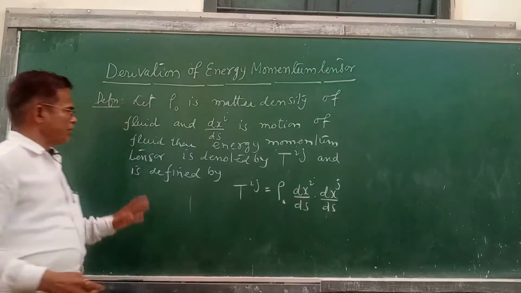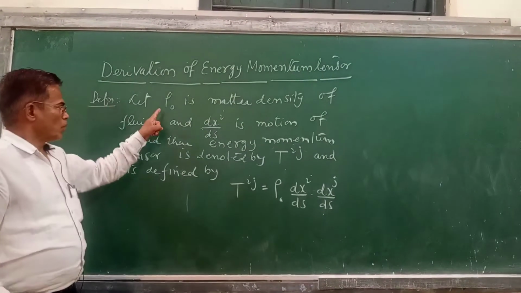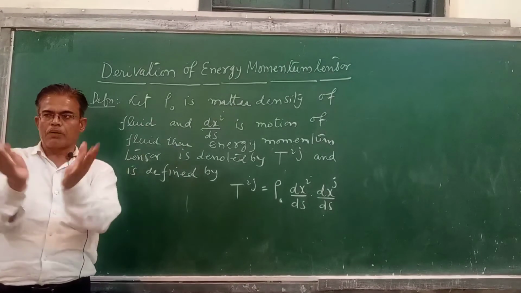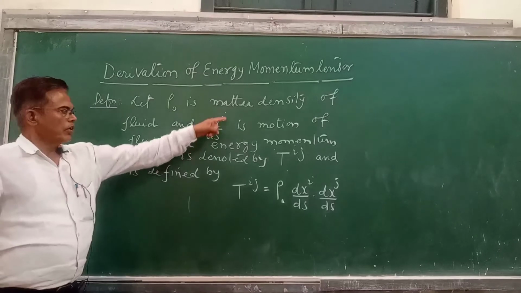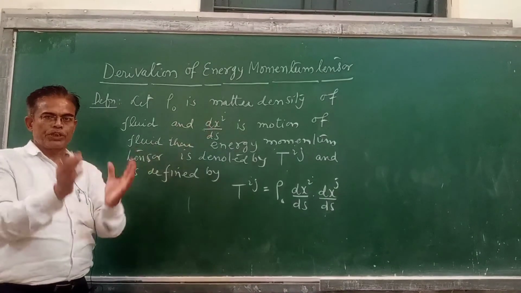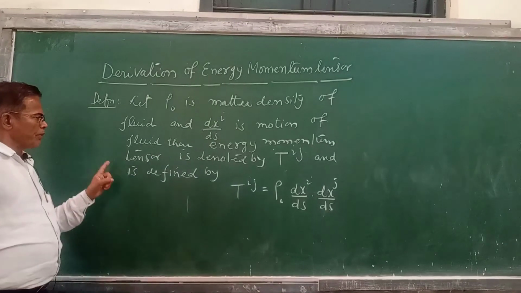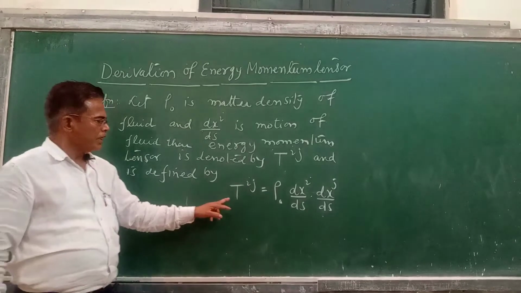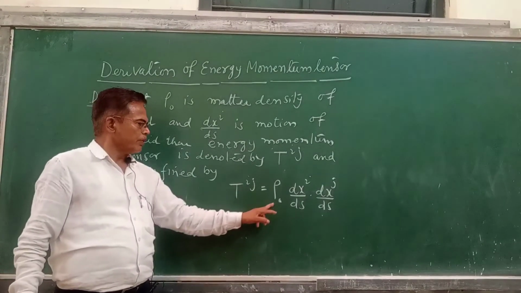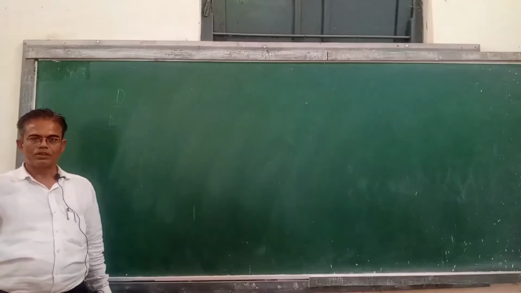So this is the definition. For a fluid, rho 0 is the density of that fluid or matter density, and this is the velocity or motion. Then the energy momentum tensor is denoted by T^ij and defined by T^ij equal to rho 0 dx^i by ds dx^j by ds.